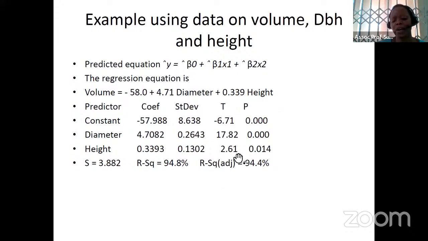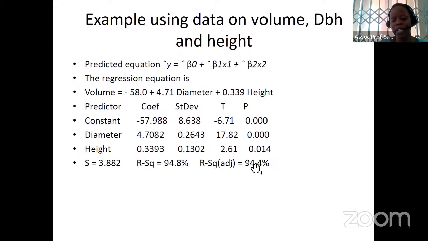Now, in this case, we are going to interpret the R-squared adjusted, because R-squared, the coefficient of determination, increases every time you add an independent variable in a model. So R-squared adjusted accounts for any parameter added in the model. So it is the one which is more appropriate for comparing models or for assessing whether the model fits our data.